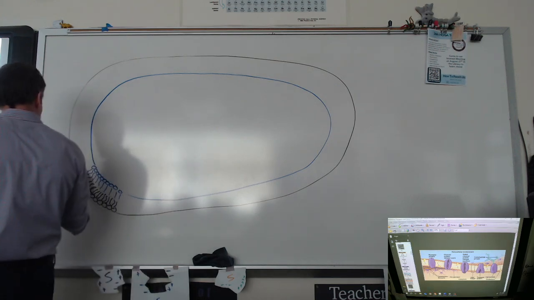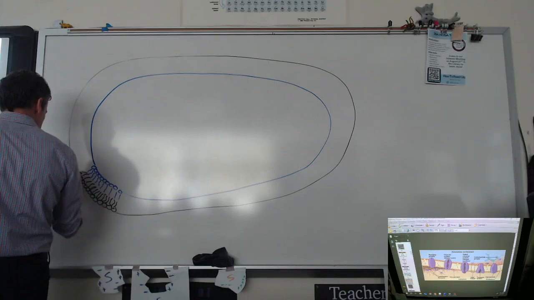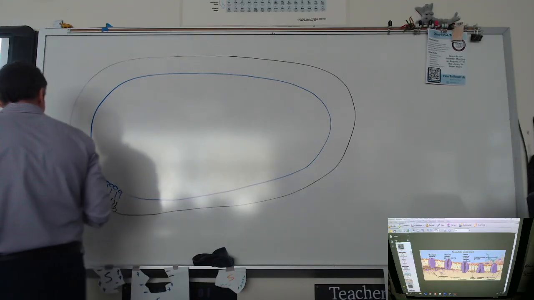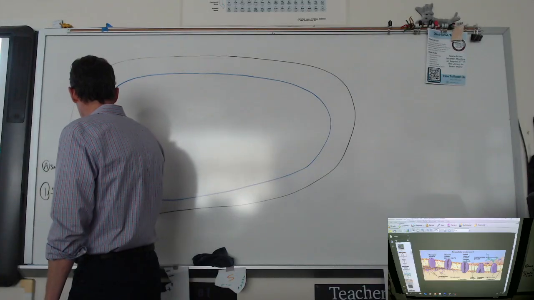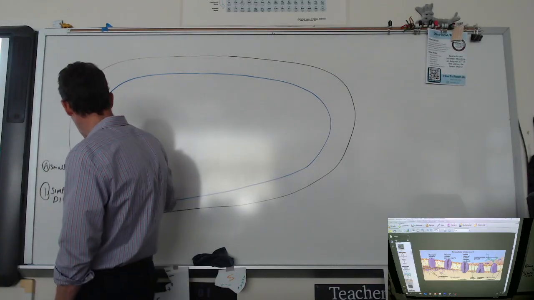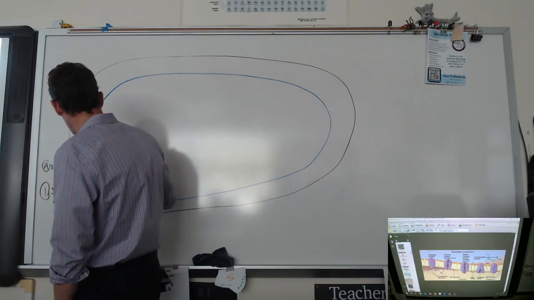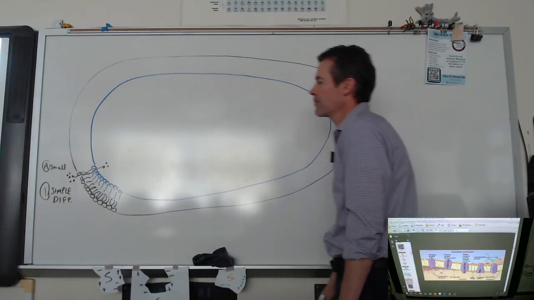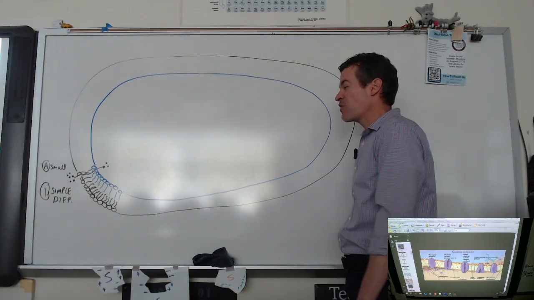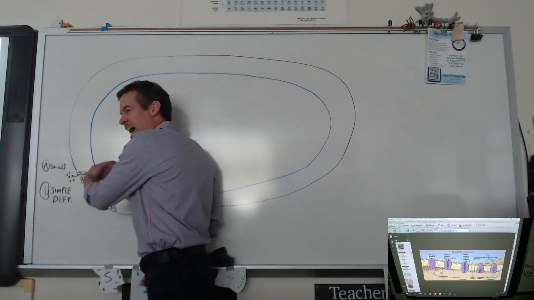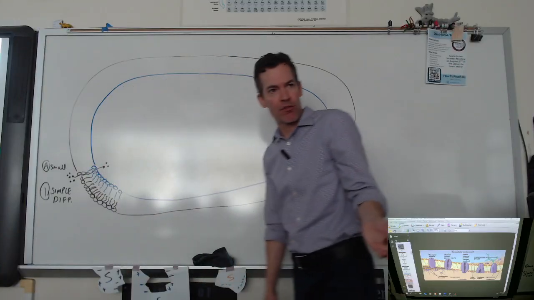Like I could have some of these dots right here. Some of these molecules, whatever they are, they might be able to slide through from high to low concentration if they're small enough. Right, that makes sense. If they're too big, they can't really squeeze through the gaps very easily. So smaller things get through the gaps easier.